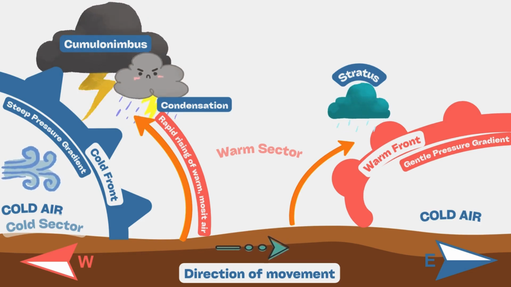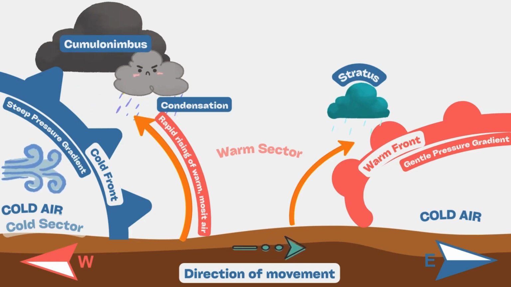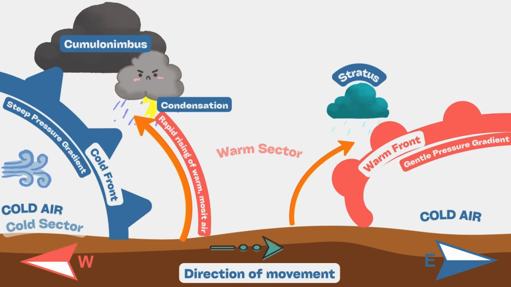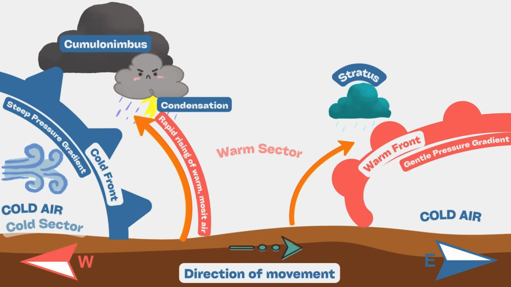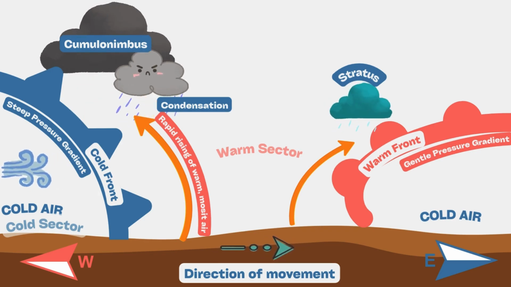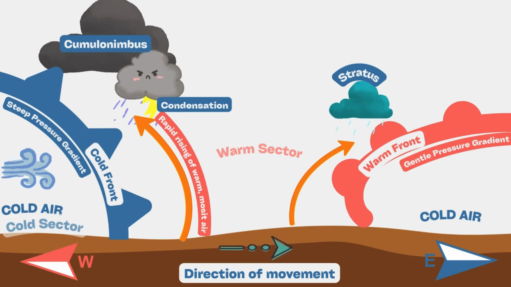In terms of temperature, as the warm front passes, the temperatures gradually increase because it is replaced by warm air. The winds typically shift from easterly to southerly as the front passes.